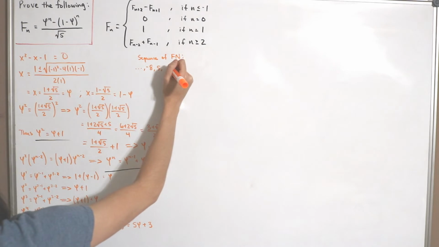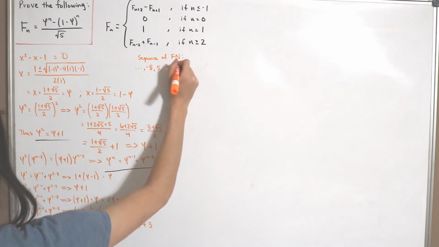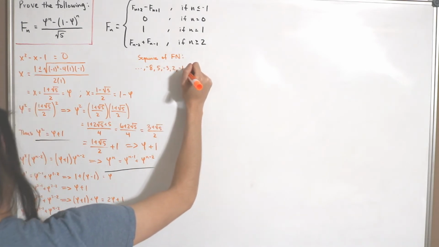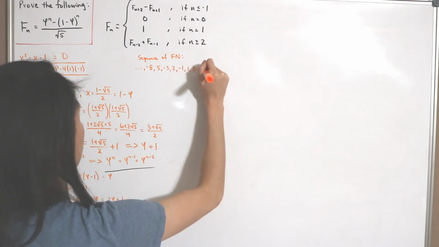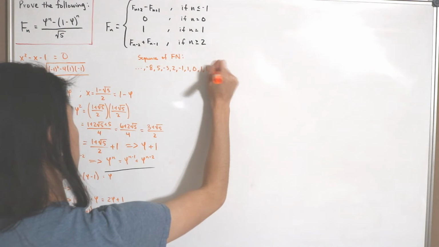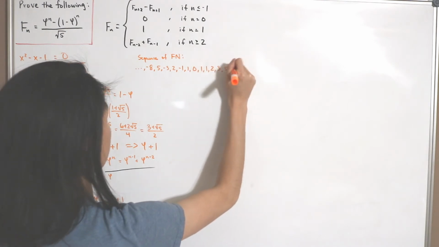Next in that pattern would be negative 3. And then 2. And then negative 1. Then 1. Then 0. Then 1. Then 1 again. Then 2. Then 3. And 5 and 8.